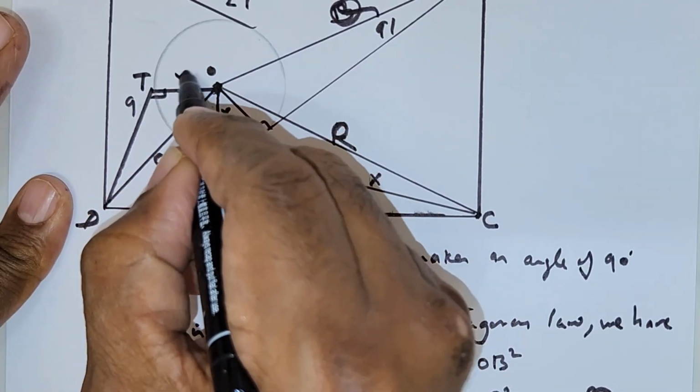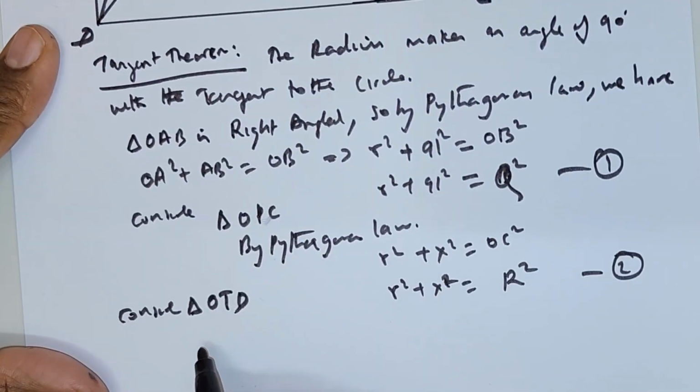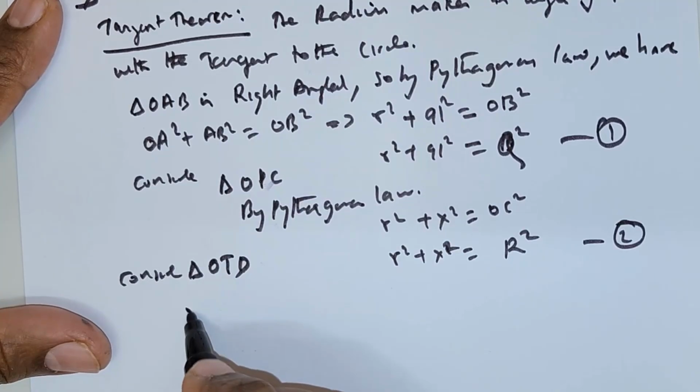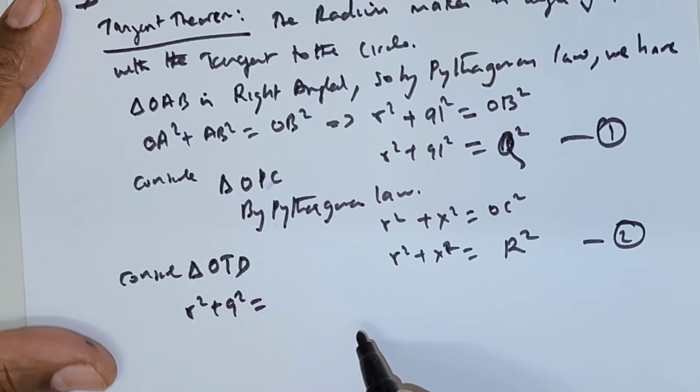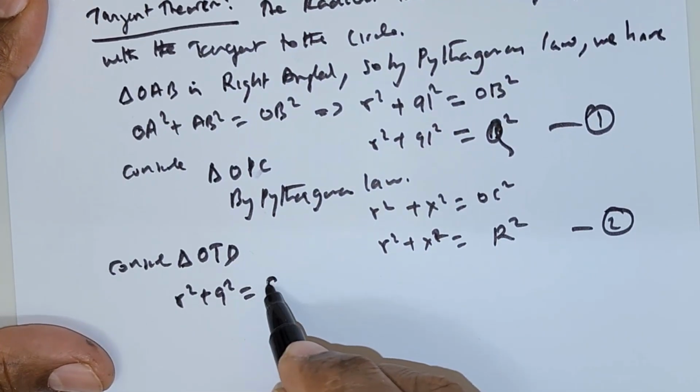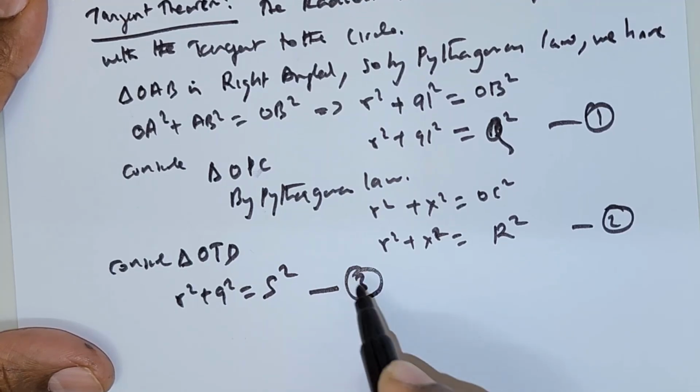Clearly this distance is going to be R, and this is given as 9, so R squared plus 9 squared is equal to S squared. So this is equation 3.